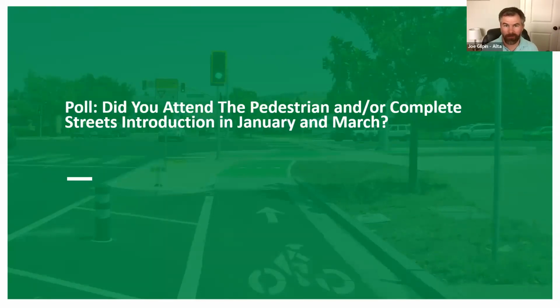Before we get going into the actual training, I wanted to find out, and since our polls aren't working this morning due to a settings change, if you could use the reactions button at the bottom of your screen. If you did attend either of the last two trainings that we've done, I'd love to see a show of hands go up through the reactions, just to get an idea of who's been here already before.